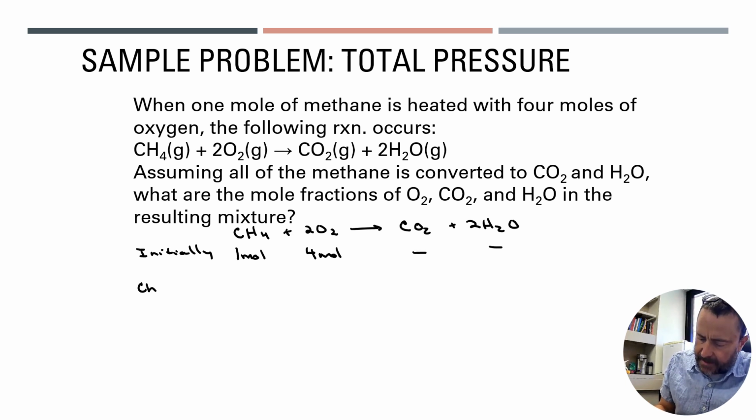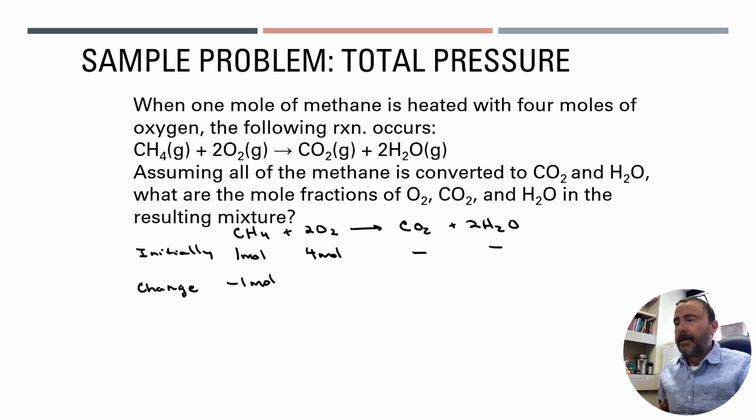Now we've got a change. That is the C in our ICE table, our change. It says all of the methane is used up, so that goes down by 1 mole. If we look at the coefficients out in front, if that goes down by 1 mole, then the oxygen is going to go down by twice as much.